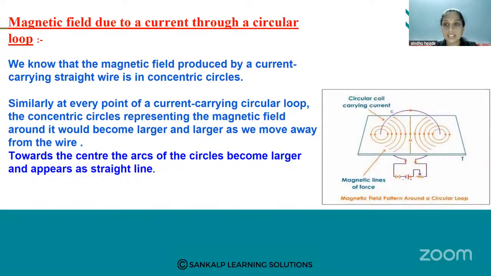What pattern is observed in the field lines? Again, concentric circles. When the current direction is changed, the field line direction also changes in the circular loop case too. This one is studied.